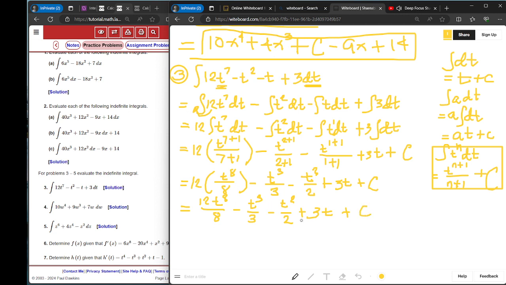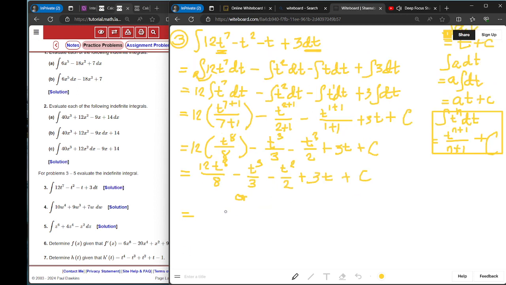However, if you don't like to see terms in this form, we can still rewrite this as 12 over 8 t to the 8 minus 1 over 3 t cubed minus 1 half t squared plus 3t plus c. Again, they are just the same.